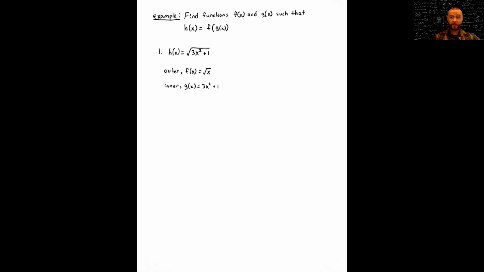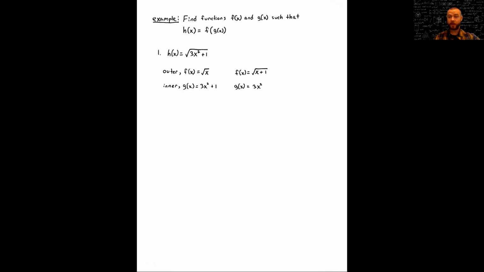All right, as it turns out, this is not the only pair of functions that works. See if you can write down a different pair of functions for the outer function f and inner function g of x. Right, now they're really not that different, but they are technically different.